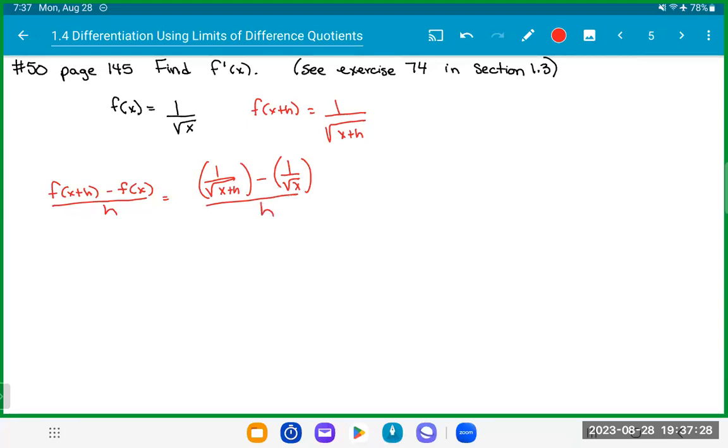We want to get a common denominator for our numerator. So getting a common denominator is going to give me 1 over square root of x plus h times square root of x over square root of x, minus 1 over the square root of x times square root of x plus h over square root of x plus h.